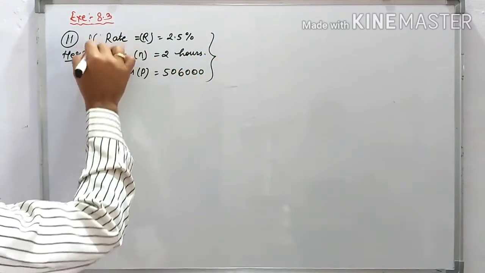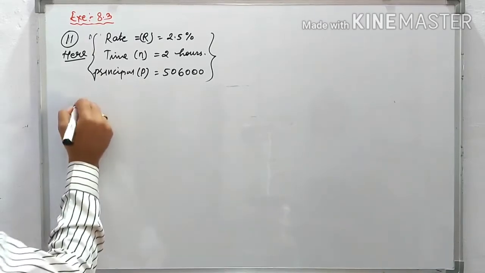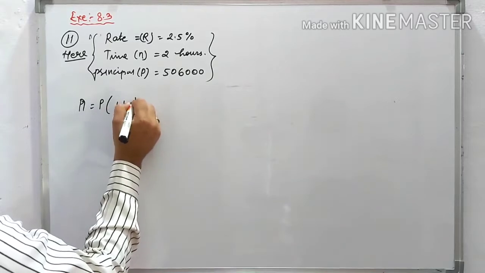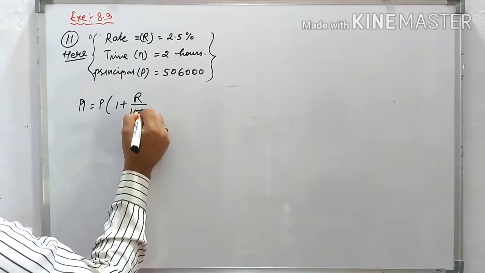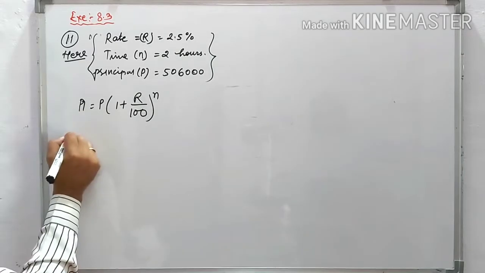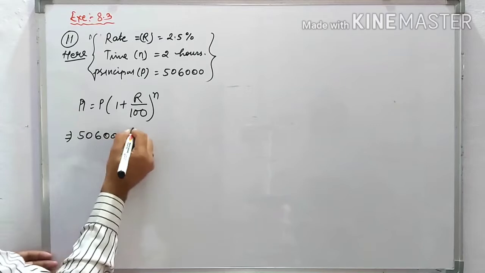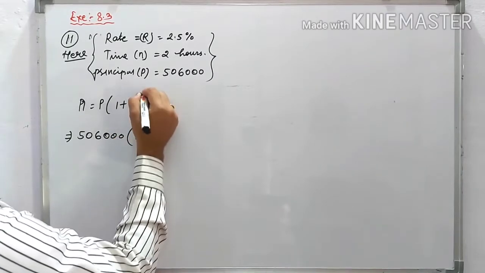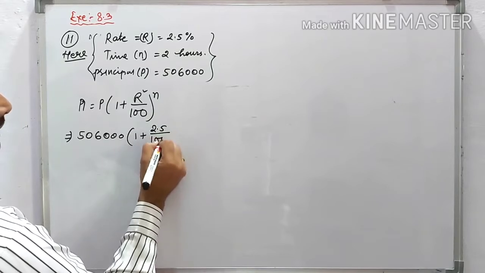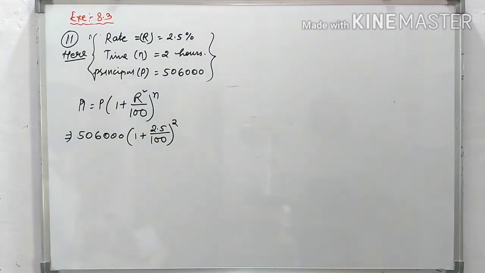The formula is A equals P (1 plus r upon 100) to the power of n. The value of P is 5,06,000, times (1 plus 2.5 upon 100) to the power of 2, because it is after 2 hours.